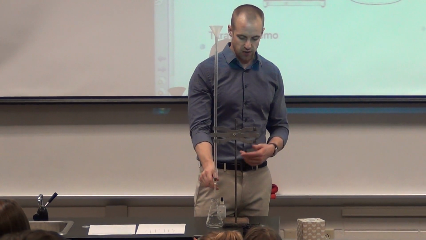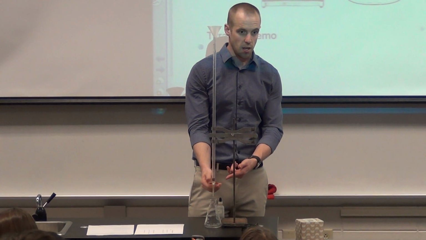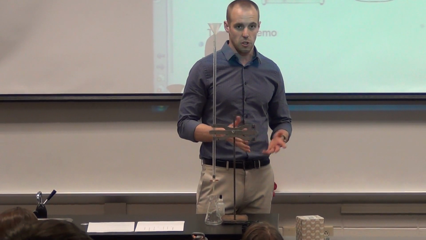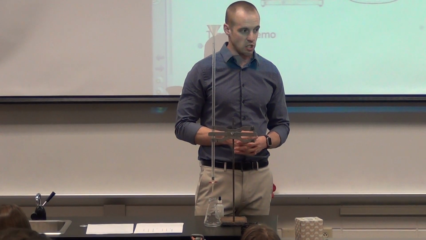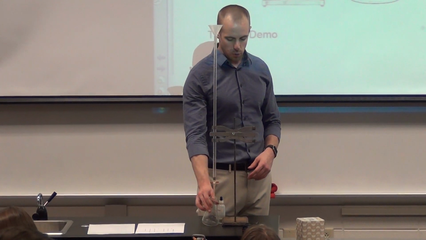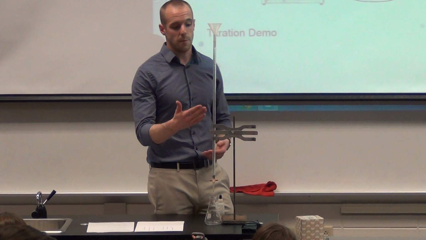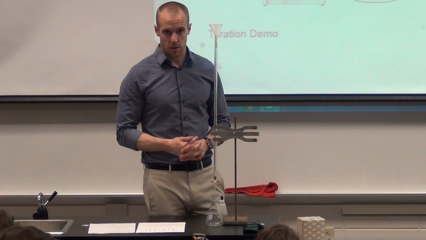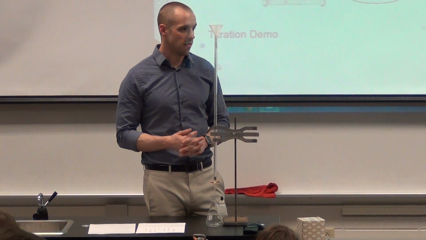What that's doing is filling the tip a little bit with the sodium hydroxide. After you do that, you'd be ready to start your titration. So you'd fill this with acid, put your indicator solution in, put it underneath, and then start trying to find out where that neutralization point is. Like I said, we're going to be doing that on Friday.